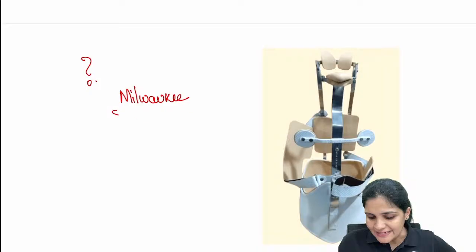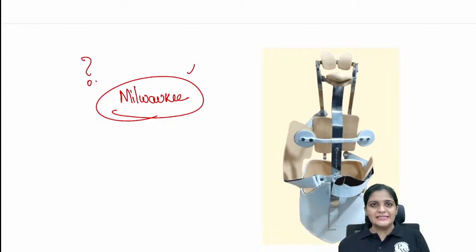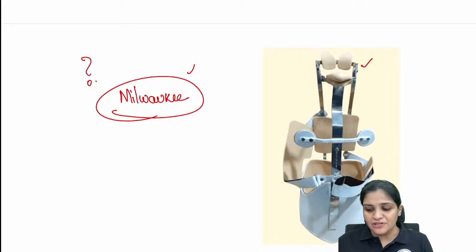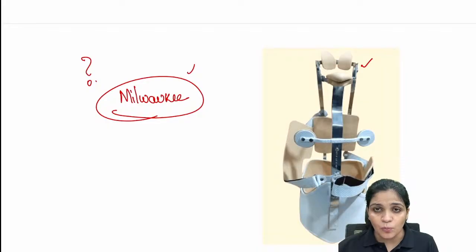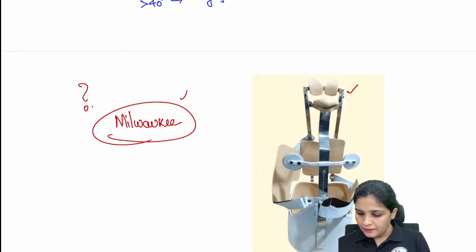This was exactly the image given in the INI-CET exam. Sometimes you have to identify based on the image, whether it extends up to the cervical region or only up to the thoracic. This one extends up to the cervical region, and the mandible also is involved. So this is called the Milwaukee brace. Very good. Next image. So what is this?